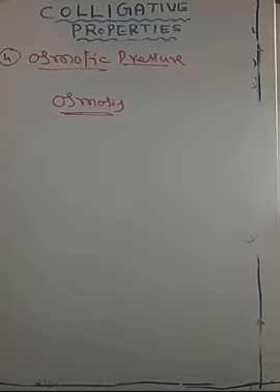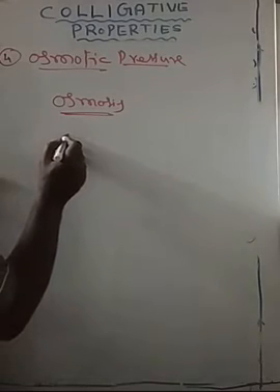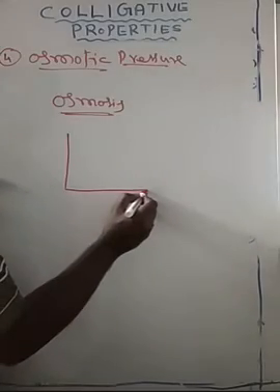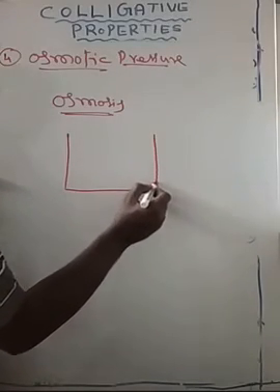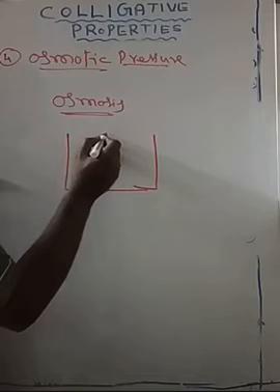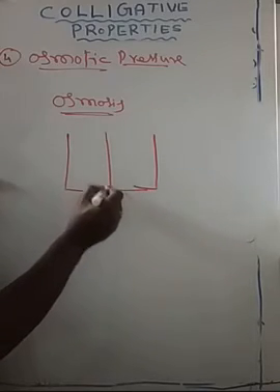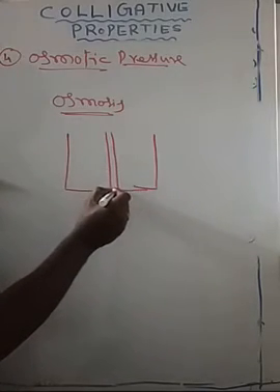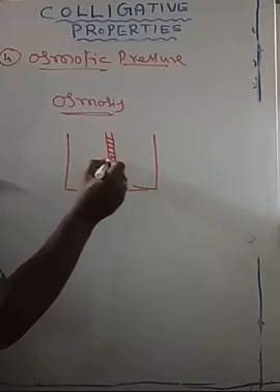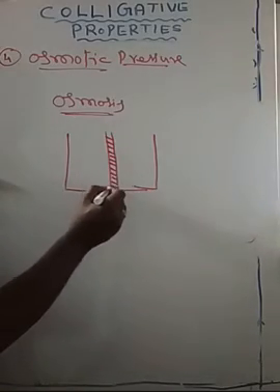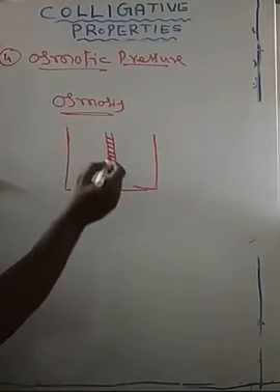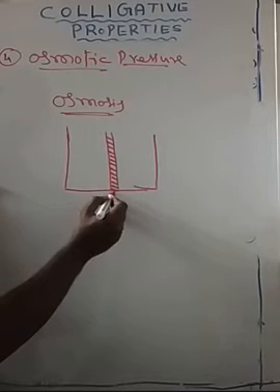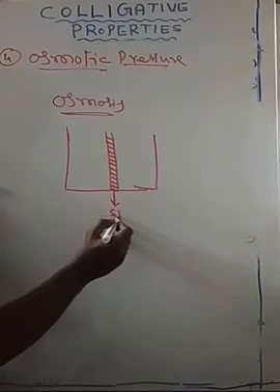That means if you take one container, this container can be divided into two compartments with the help of a semi-permeable membrane. A semi-permeable membrane consists of small holes.